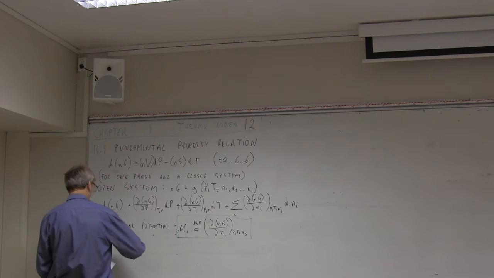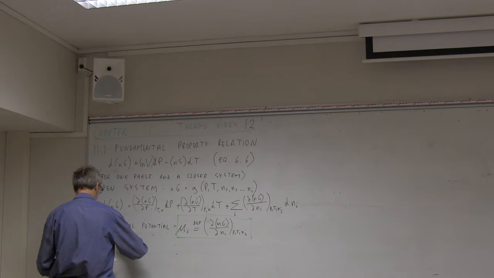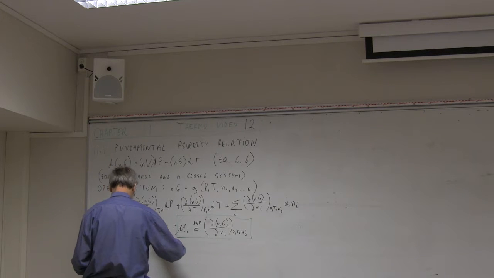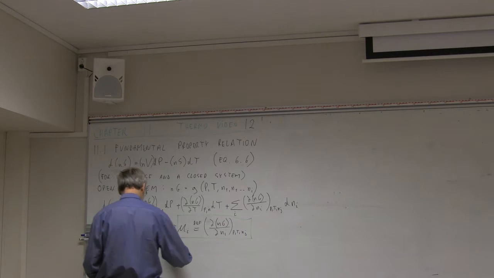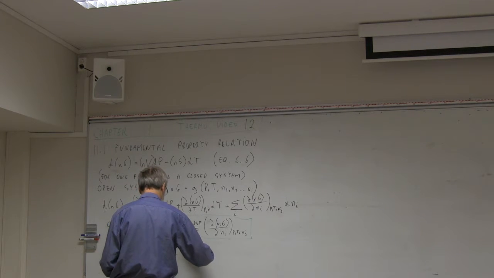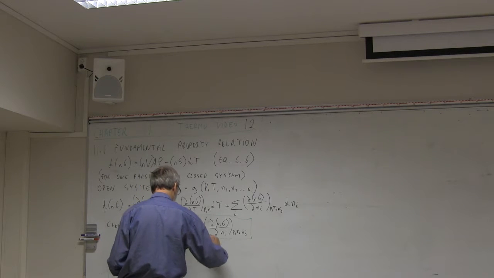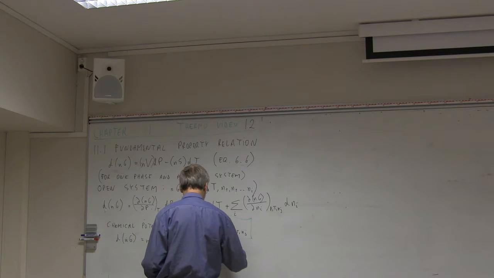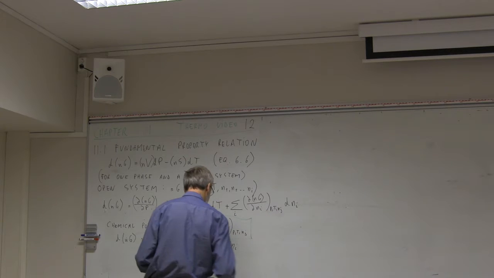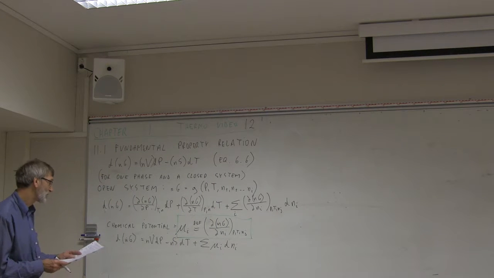And also, dNG is NV dP minus NS dT plus the sum of the chemical potential times the change in amount of each component.